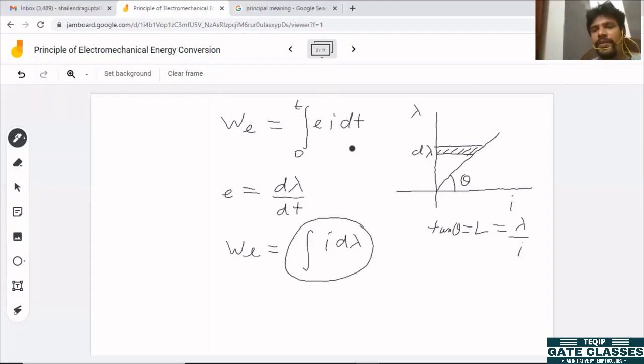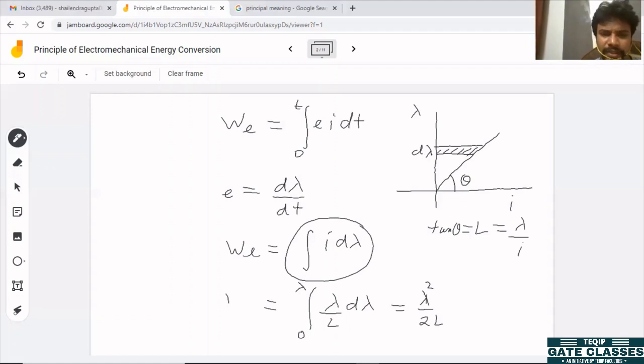Okay, so if we go on integrating, we will get the left half section of this curve. So putting on this value, we can see that it is I is lambda by L, d lambda. So if we go on integrating this from 0 to lambda, it will give half, or this is lambda square by 2L.